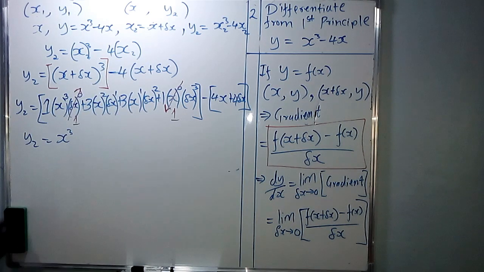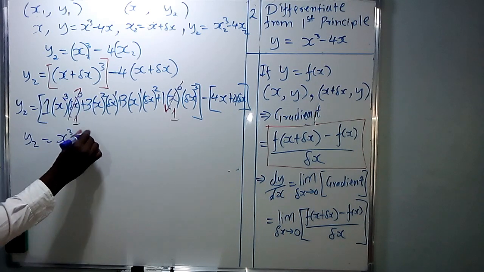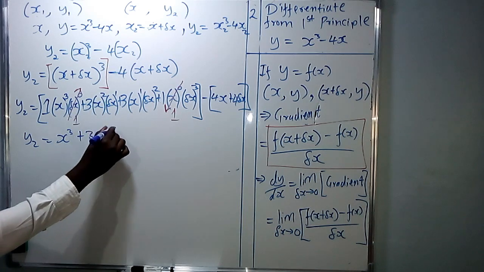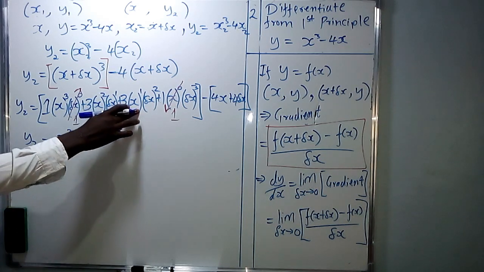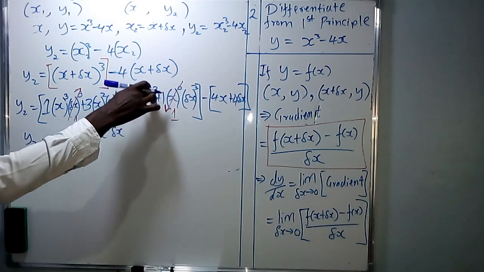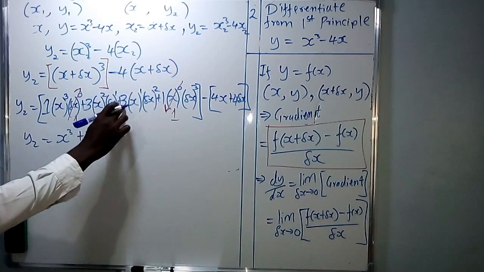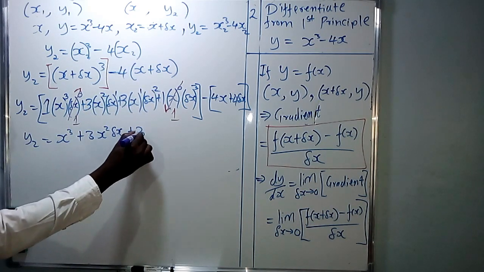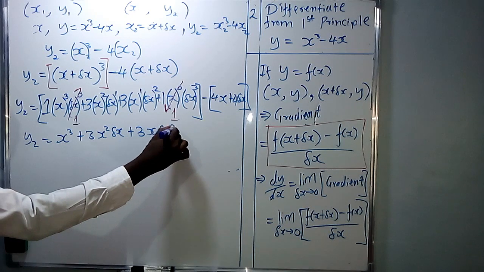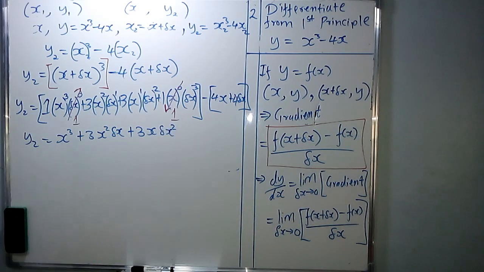We are simplifying. Are we together? So we have plus 3, then x squared, change in x to power 1. You're done. You simplify that. Move here. x is raised to power 1, change in x is raised to power 2. So you simplify. So we have plus 3 times x times change in x squared. Change in x is squared. So there. Move on, carry on.